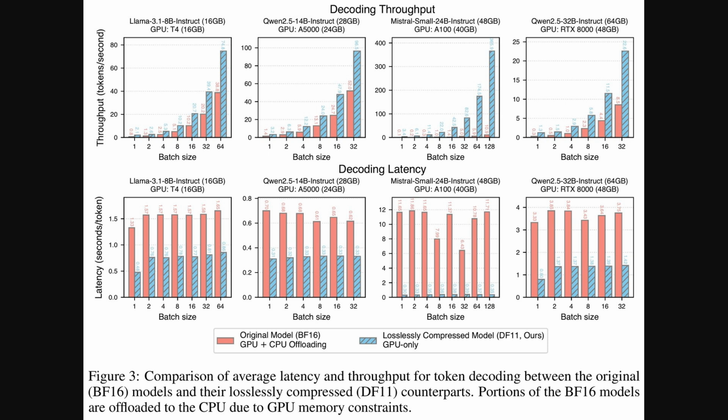Across the board, for different models and batch sizes, you see the blue bars are higher for throughput on top, meaning more tokens per second, and lower for latency on the bottom, meaning less time per token. So DFloat11 isn't just saving memory. It's actually leading to faster inference compared to having to offload the larger original models.